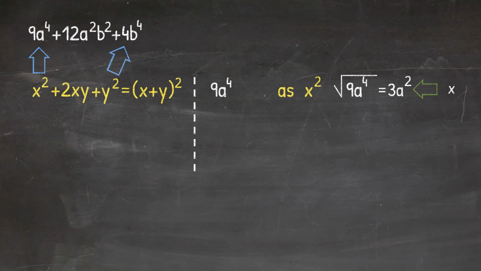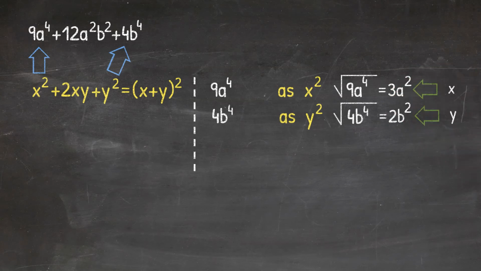In the second case, with 4b to the fourth as y squared, we can use the same technique and take the square root of 4b to the fourth to find y. It's a rather simple calculation. The square root of 4 is 2. The square root of b to the fourth is b squared. So our answer is 2b squared.